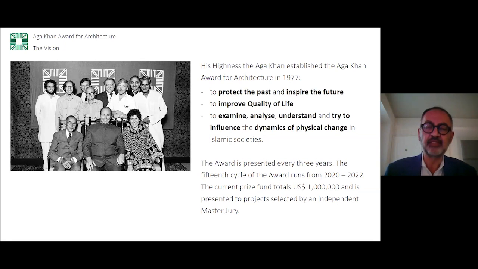They helped His Highness the Aga Khan to establish a system which is called the Aga Khan Award for Architecture. It is not just an award that you give at the end of the day, prizes for some people, but it's a process to understand and analyze the dynamics of the physical change that we have.